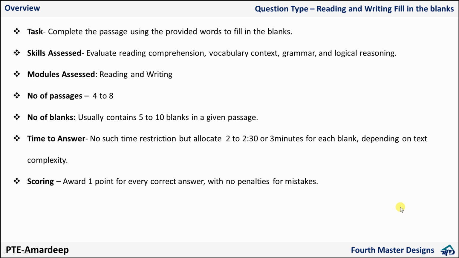And there is no such clear thing mentioned on the website whether this particular question type is of 60 marks or 58. Usually they say 58, 59 in that range. So one would be of 1 point and accordingly they will award you the marks.